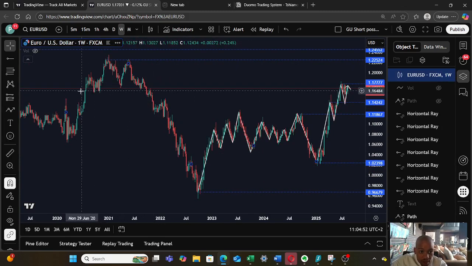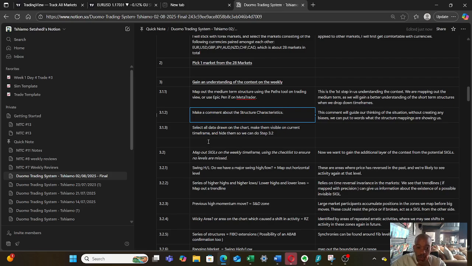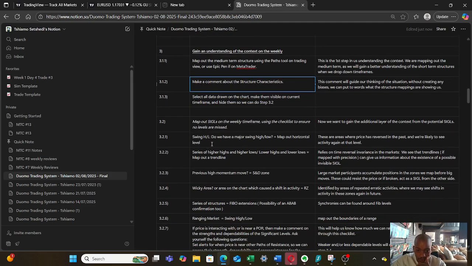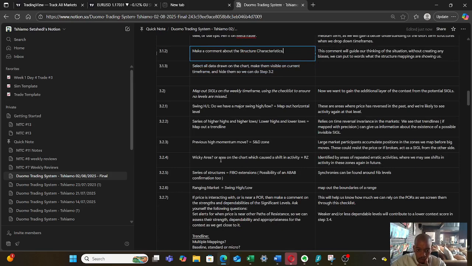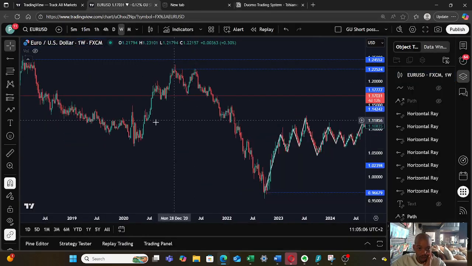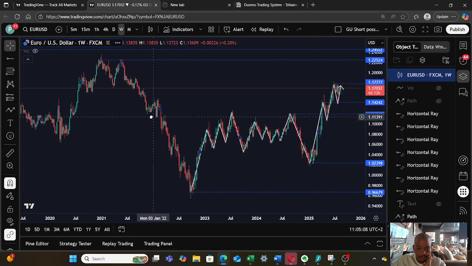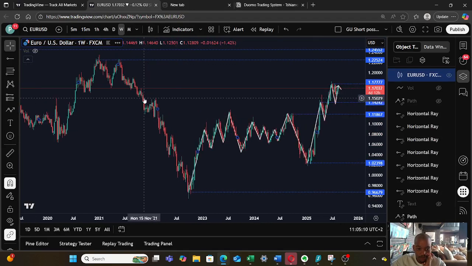Let's see, do we have any reversal zones? So for reversal zones, if we come back to the system as well, do we have a wick area or an area of the chart that causes a shift in activity? Yeah, we would honestly be forcing here.